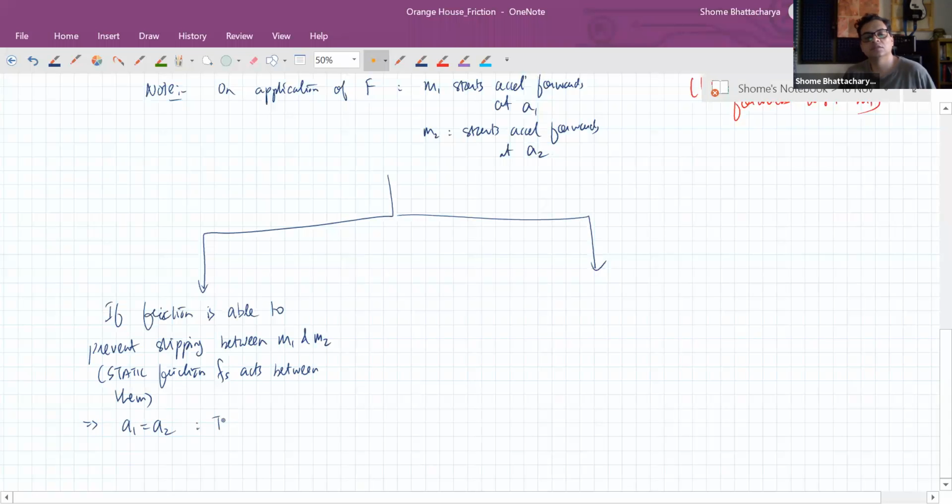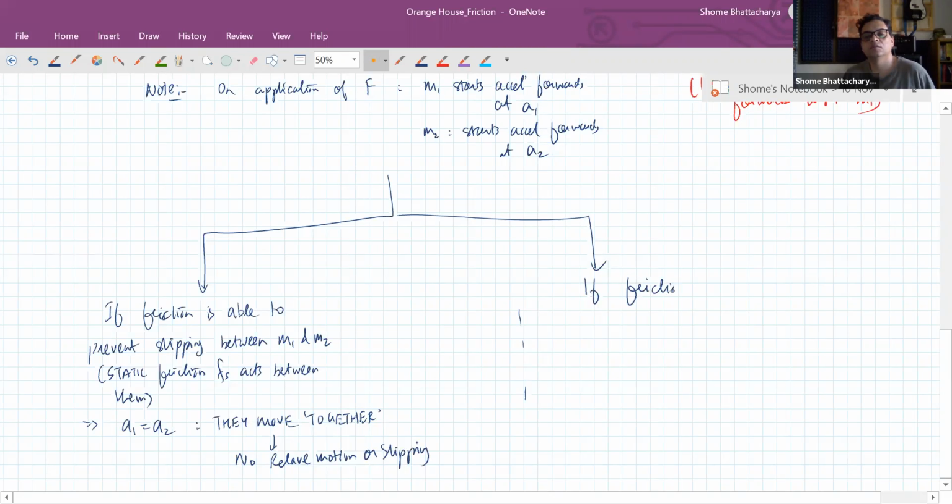That is, they will move together. So there is no relative motion or slipping.